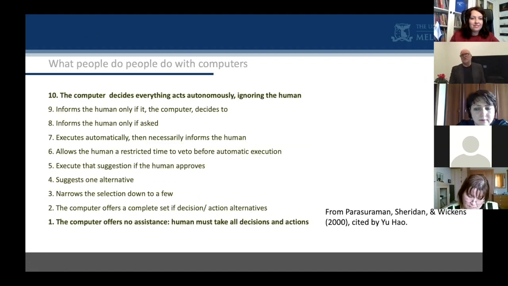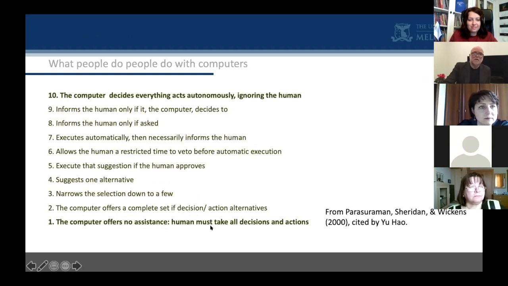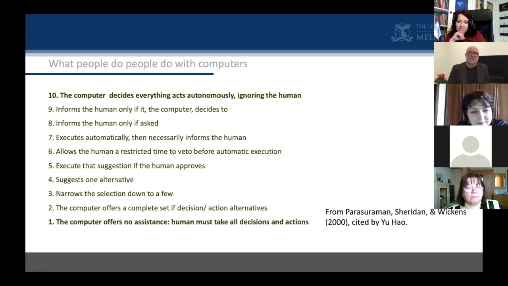I think when we look at technology, we have to be aware that there's a scale from computers doing everything, right down the bottom here with no human intervention, offers no assistance, and here the computer does everything by itself, all right? So from 1 to 10, there's a whole lot of different ways in which the human interacts with the non-human there.